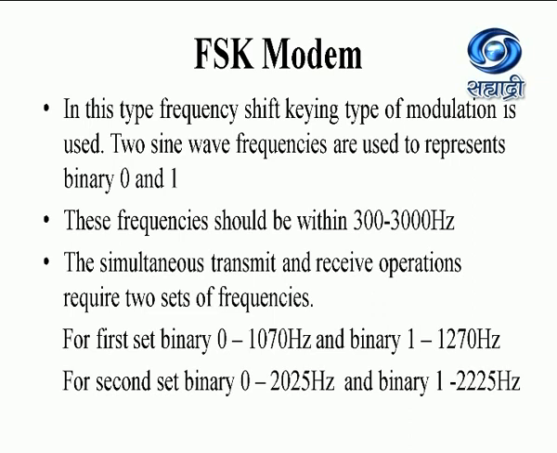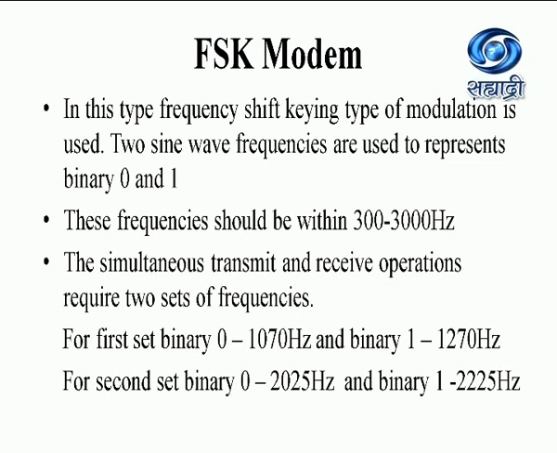For the second set, binary 0 is assigned 2025 Hertz and binary 1 is assigned 2225 Hertz. So here, two sets of frequencies are used to communicate between the second modem and the first modem.